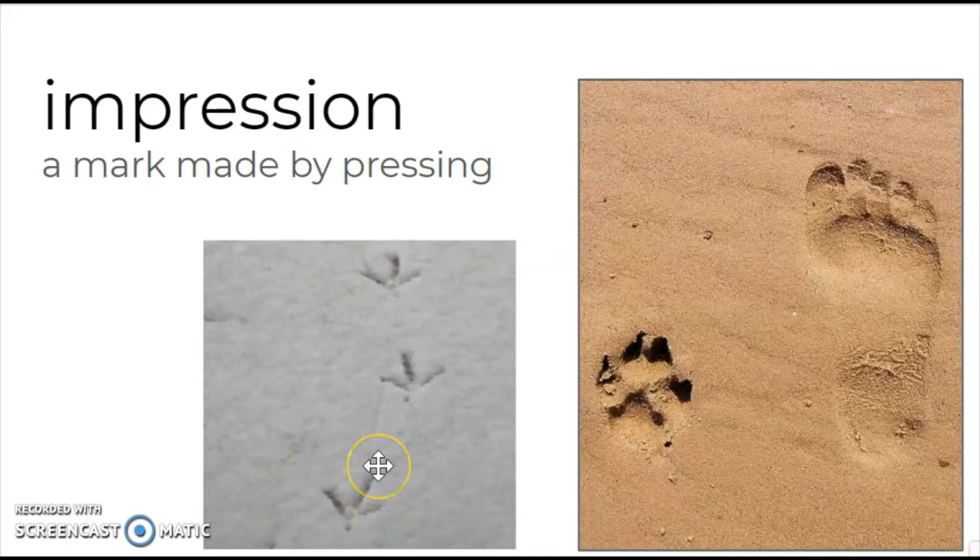That is my inference, because my observations were that the background was kind of white and fluffy, and the thing that I know that's white and fluffy is snow. And I know that snow is also soft, so if you press into it, you can see what you pressed into.